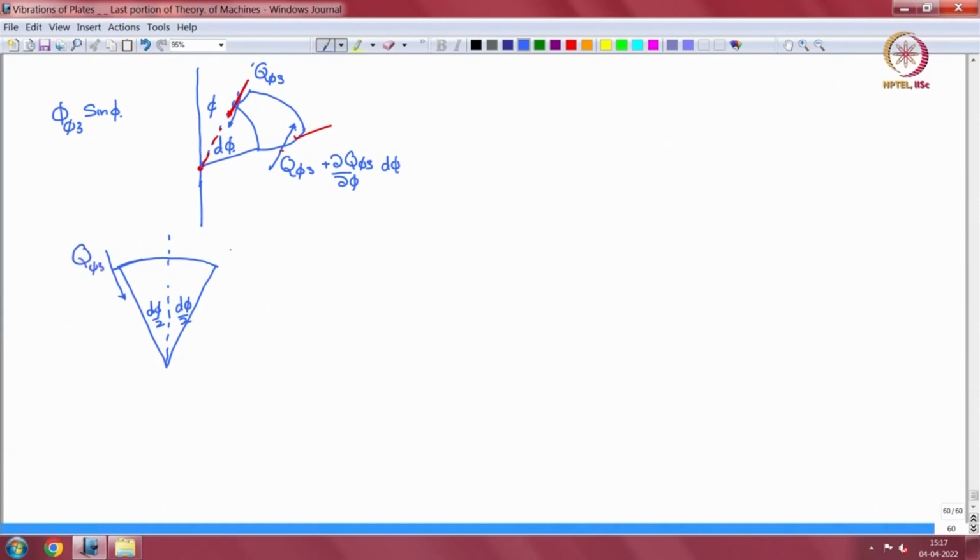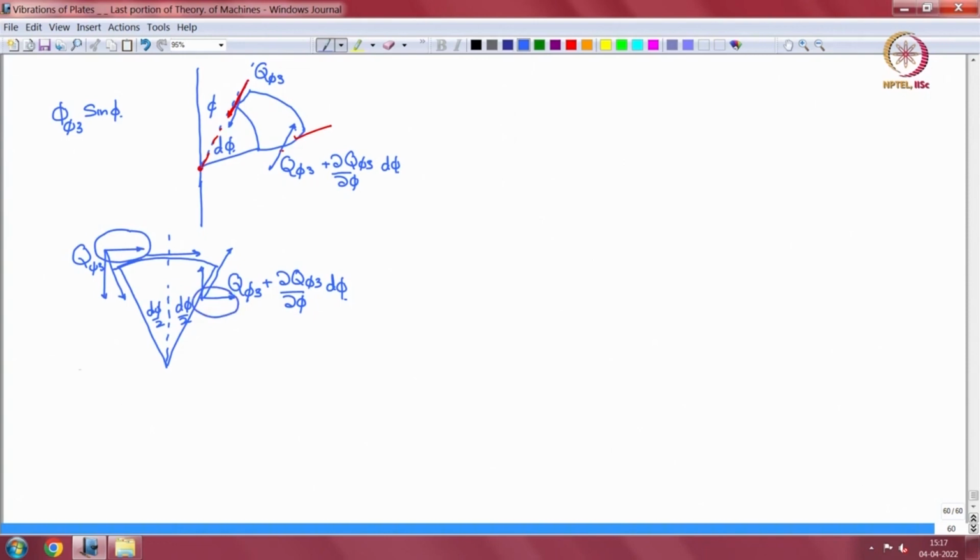This is the positive side, q phi 3 plus del q phi 3 by del phi d phi. And my positive axis is this way. So I have components in the 2 directions, and this is the component I want from both sides.